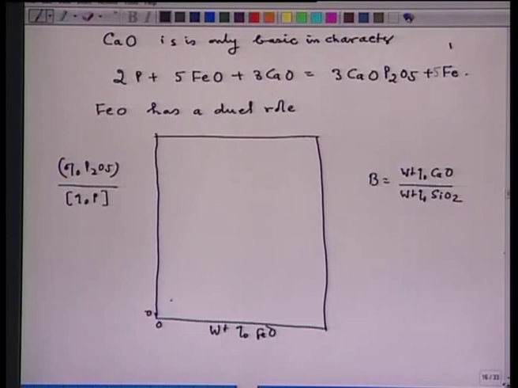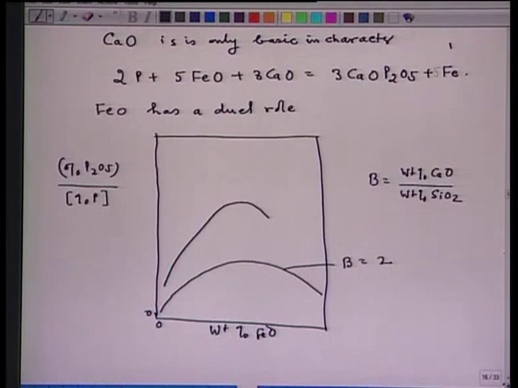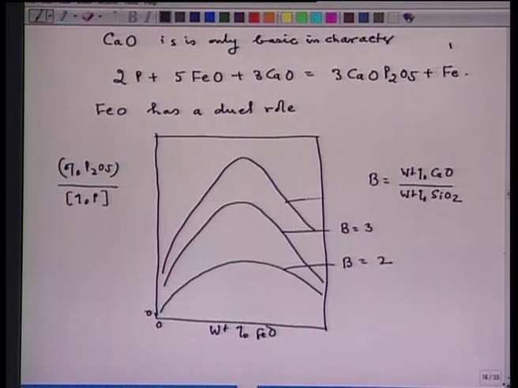If I plot now for different basicity ratios, for example, B equal to 2, this is for example B equal to 3, and this is for example B equal to 4. Now, what does this particular presentation indicate?